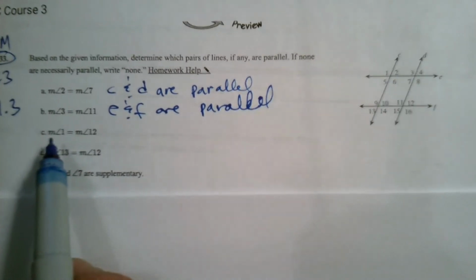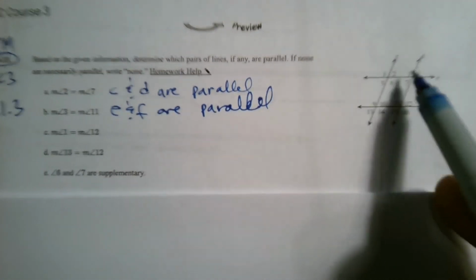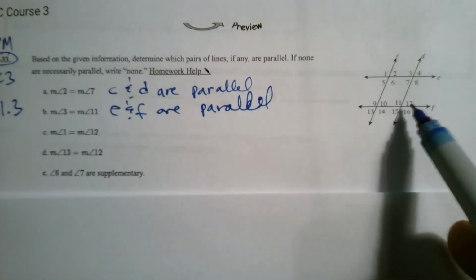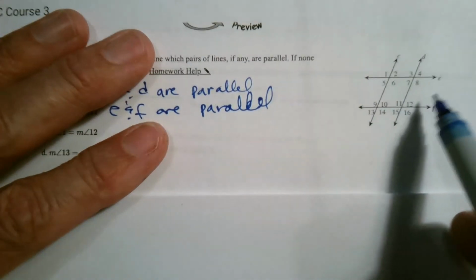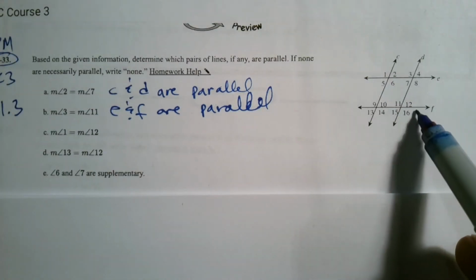What about C? C says angle 1 and angle 12. Angle 1 is here, angle 12 is here. I need to know whether angle 1 and angle 12 are creating parallel lines.